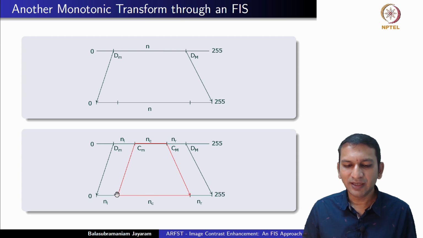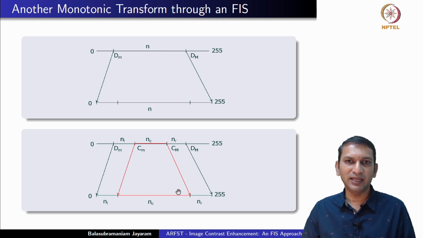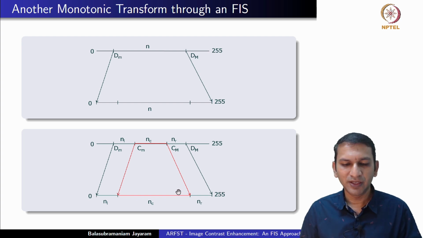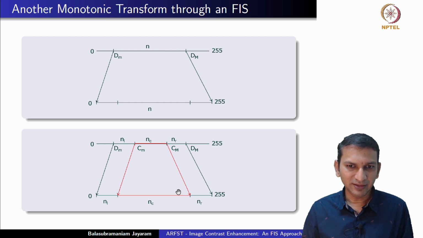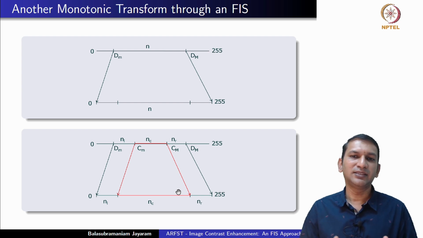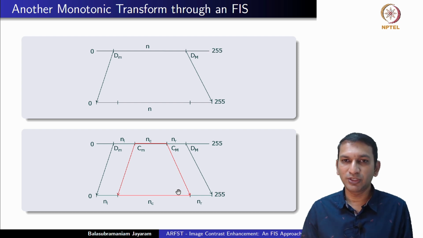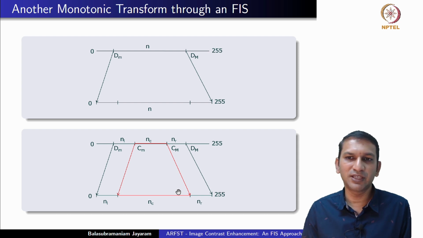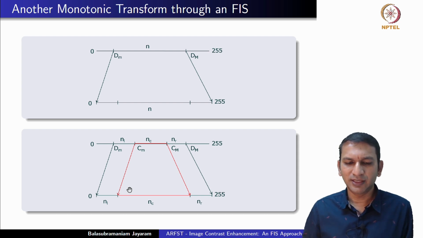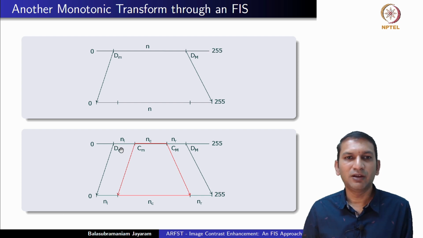Similarly on this side, and this range, where most of the pixels are concentrated, we actually stretch even further. If we use this idea, the same kind of procedure that we followed to build the previous fuzzy inference system will be followed. That means we are going to divide this into NL equispaced intervals, have perhaps triangular fuzzy sets on all of these.